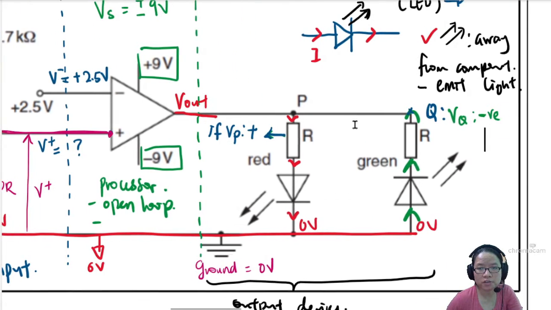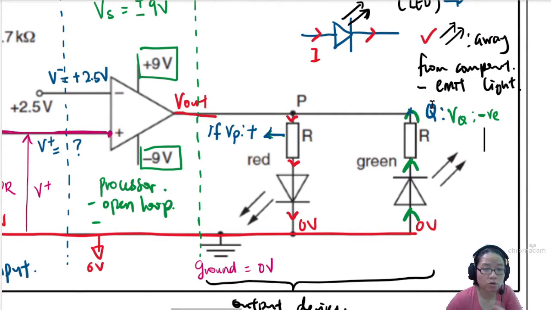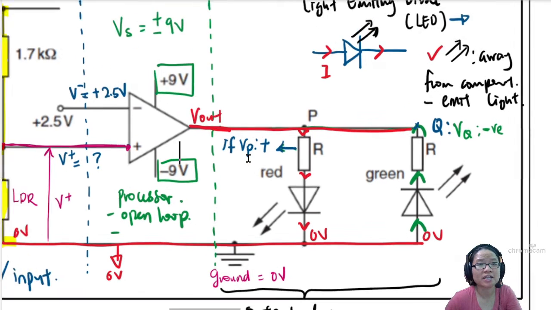And of course, whether point P and point Q is positive or negative depends on your output. Because the output is connected here. Connected like this, the output. I have a magical changing color pen. Okay, so depending on whether the output is positive or negative, the LED will light up.